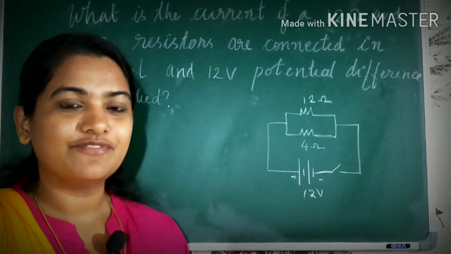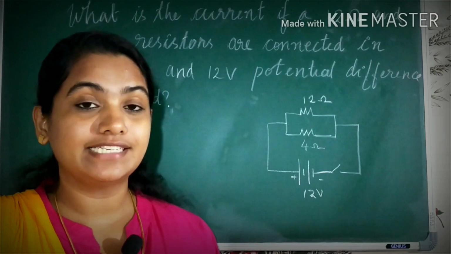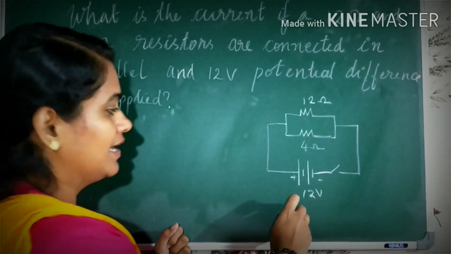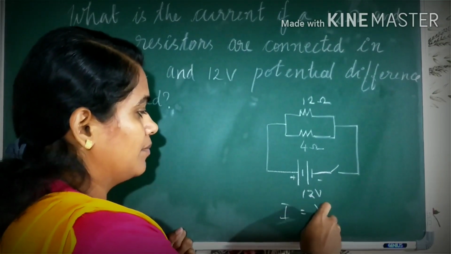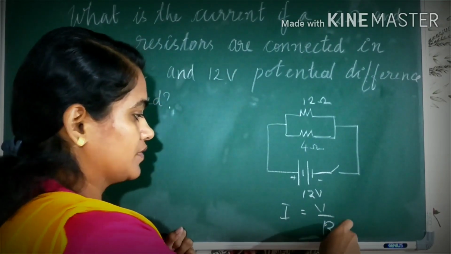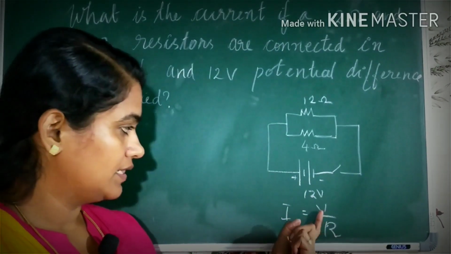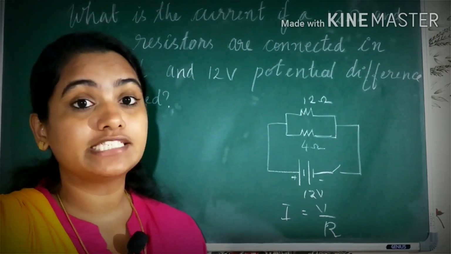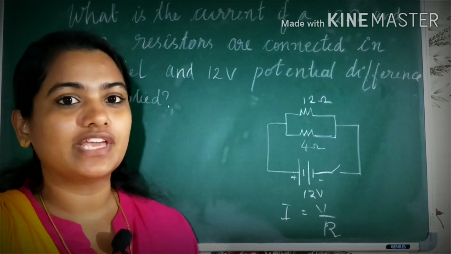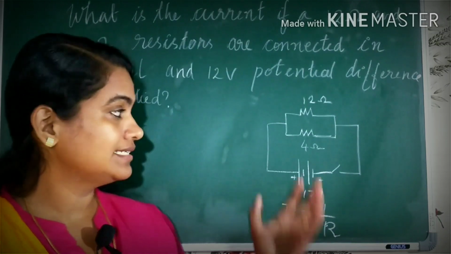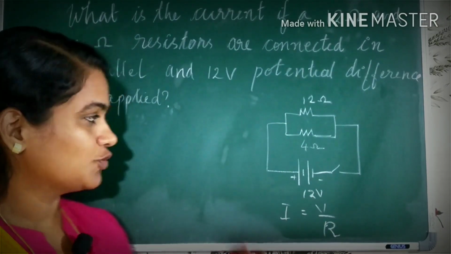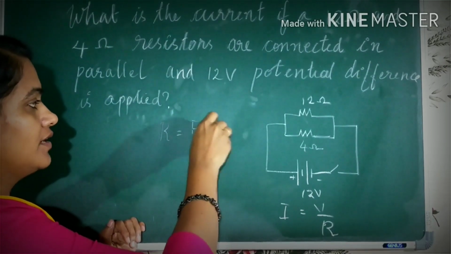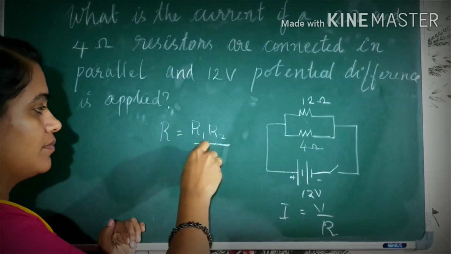Again we have to find the current in the circuit by using Ohm's law, that is I is equal to V by R. Here V is the potential difference, 12 volt, and R is the effective resistance in the circuit. We know the equation for parallel, R is equal to R1 R2 by R1 plus R2.